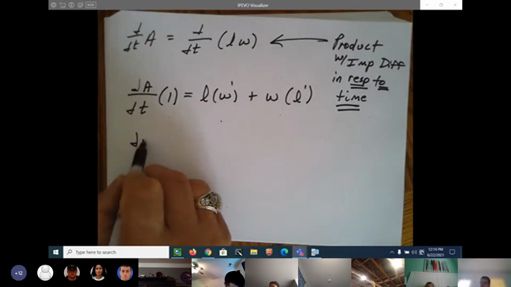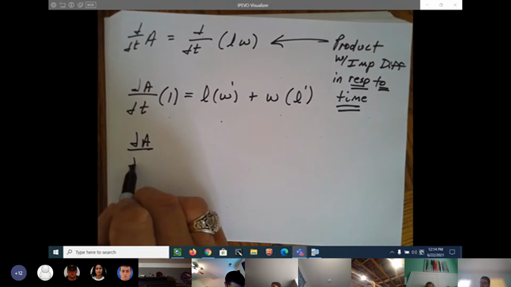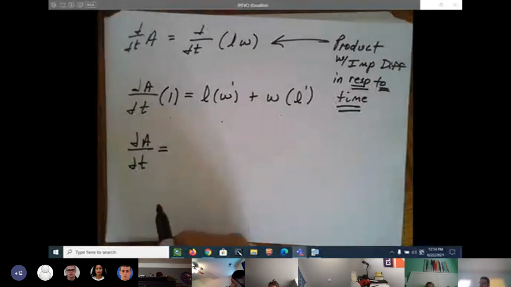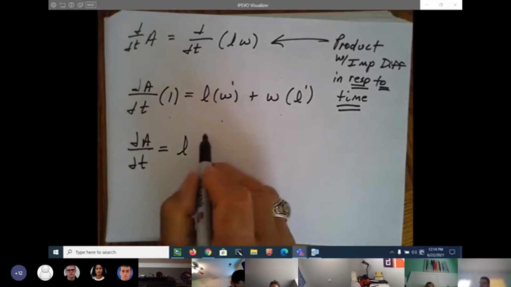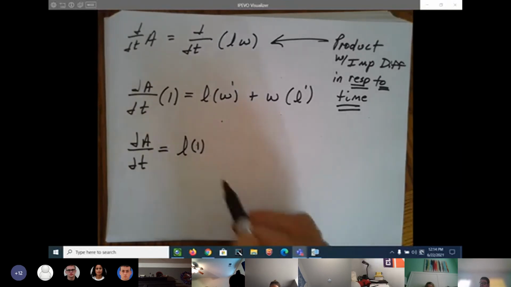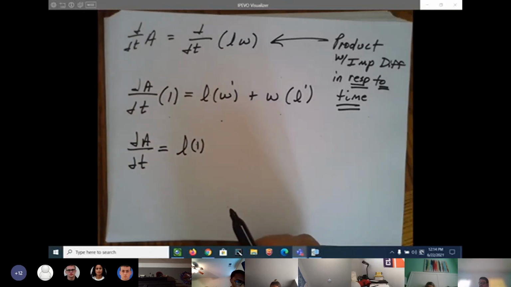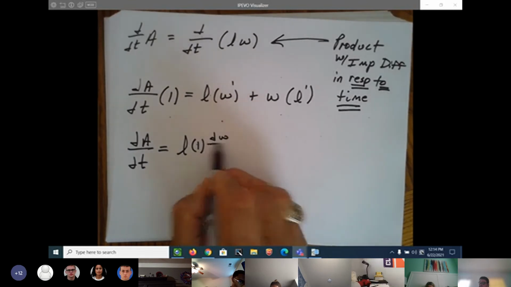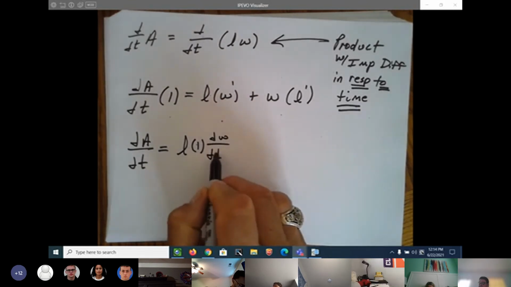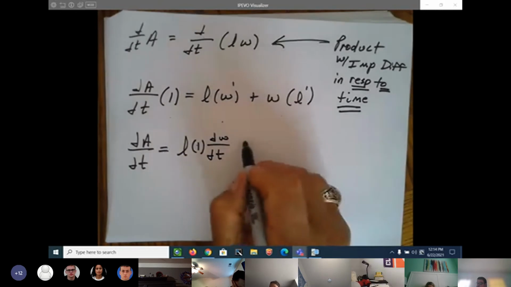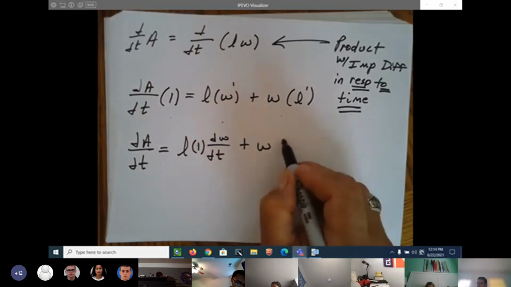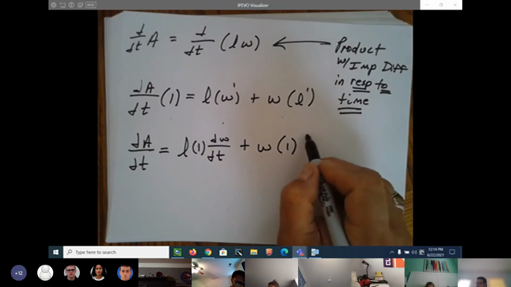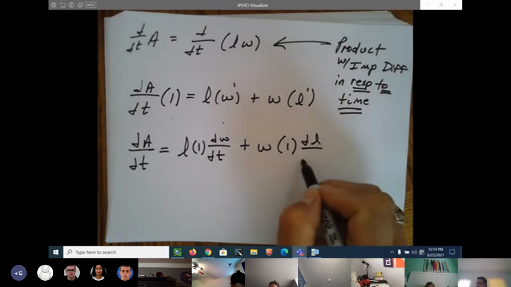So dA/dt is equal to L times 1, the derivative of W is 1, and that would be dW/dt, plus W times 1, which is the derivative of L, times dL/dt.